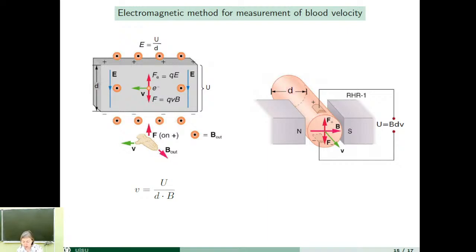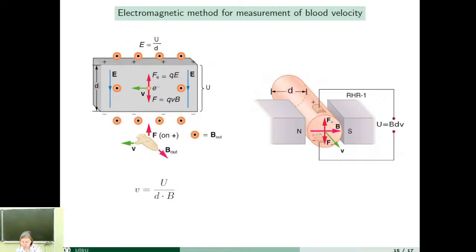Under its action, ions of different sign move towards opposite artery walls and create a potential difference along the vertical line. An electric field with a certain strength appears: the Hall effect. Charge concentration on the opposite artery walls will increase until the force from the field generated by them compensates the Lorentz force.